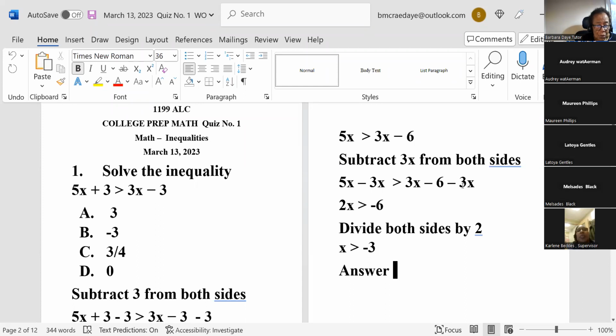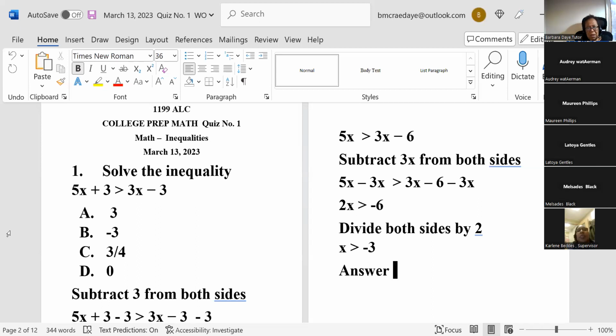A is 3, B is minus 3, C is 3/4, and D is 0. She just has to scroll over, I think. So what's the answer, Mercedes? A is 3. B is minus 3. You can't scroll left or right? I just have to use my hand to move that little thing around.